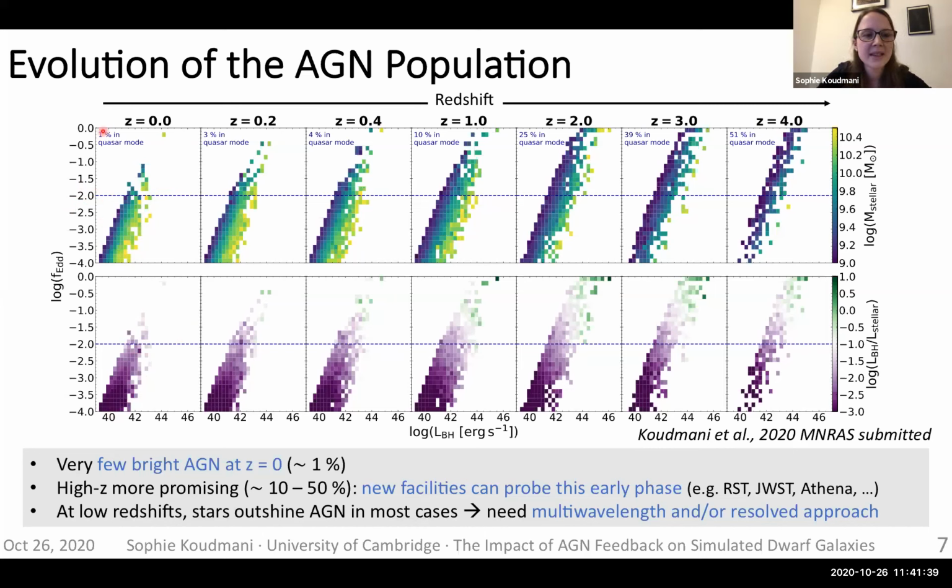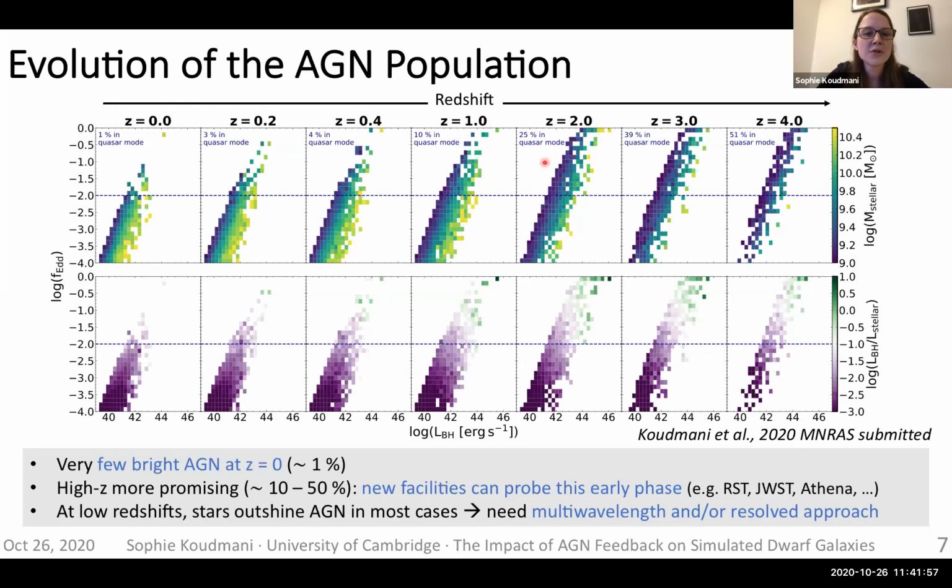And what we can immediately see here at low redshift is that there are very few bright AGN. Actually, only 1% of them are in the quasar mode. But as we study the distribution at higher redshifts, we get more and more bright AGN.